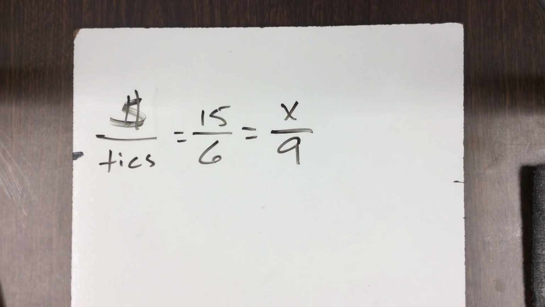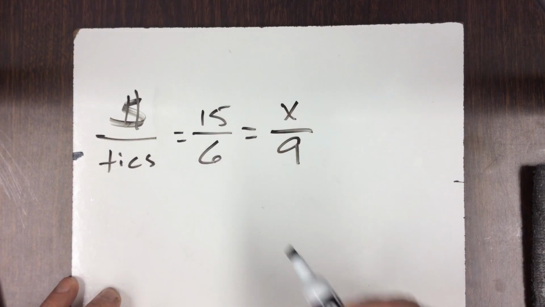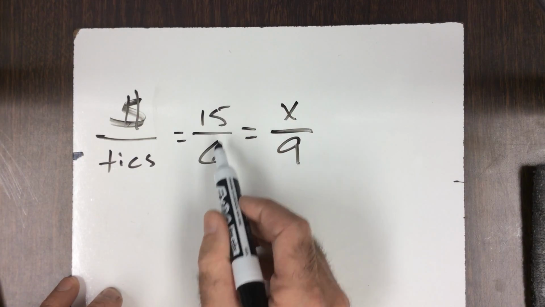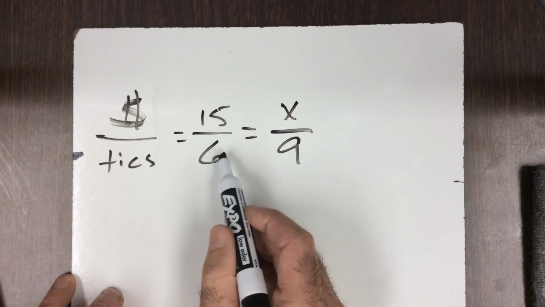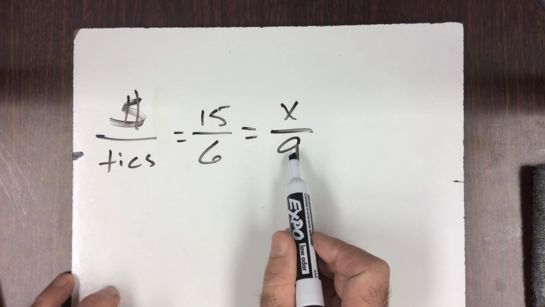Now, the first thing you want to do is check the relationship and see if there's an easy comparison. Looks like you could multiply 6 times 2.5 to get to 15, or 6 times 1.5 to get to 9.